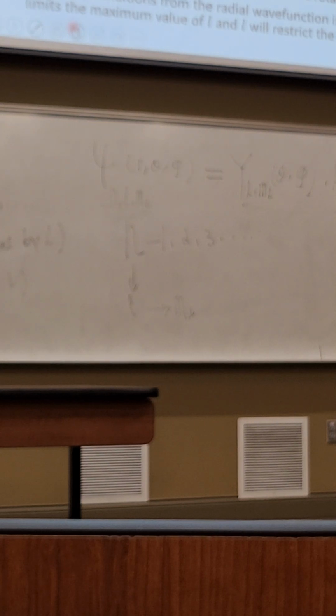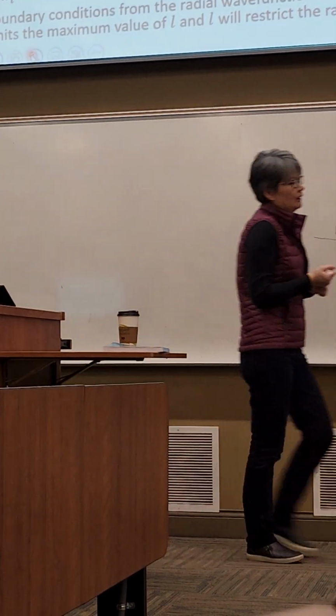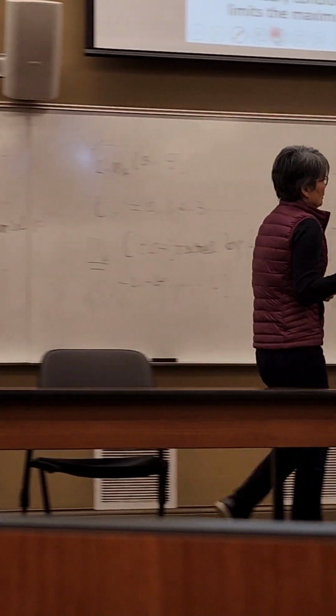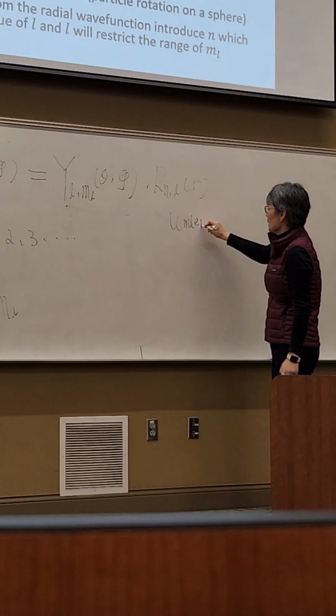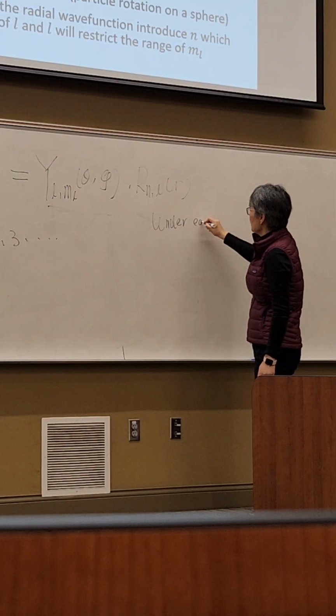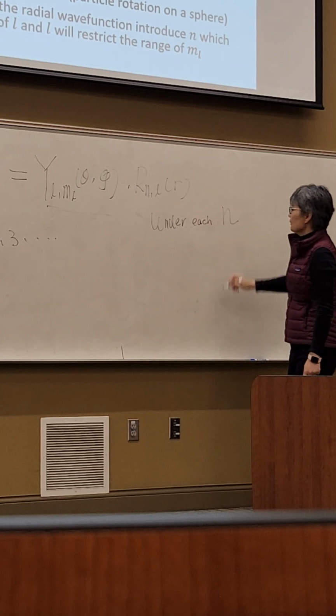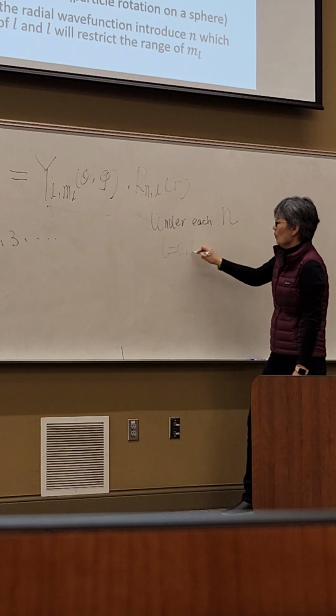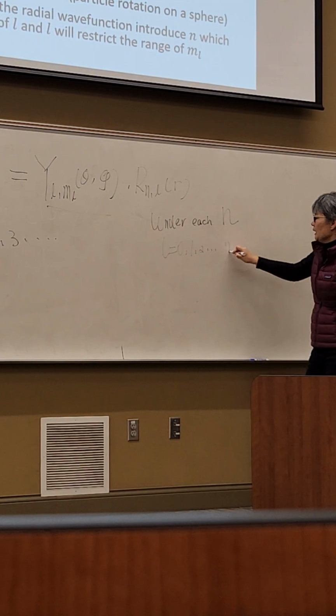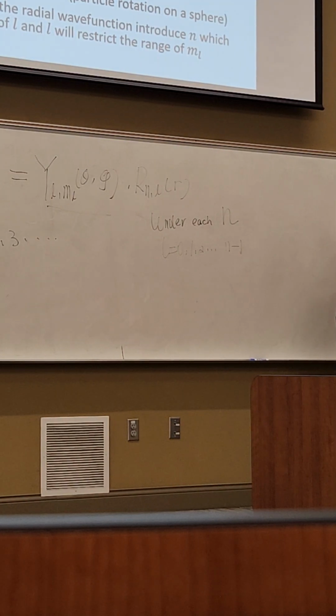Basically, take the quantum number N equal to 1. Now how does that constrain L? L can take 0, 1, 2, go all the way to n minus 1.